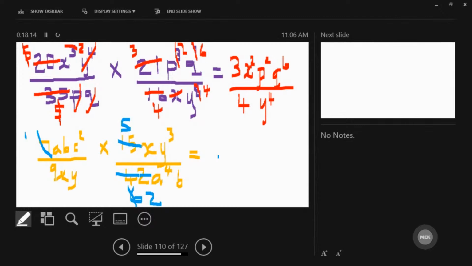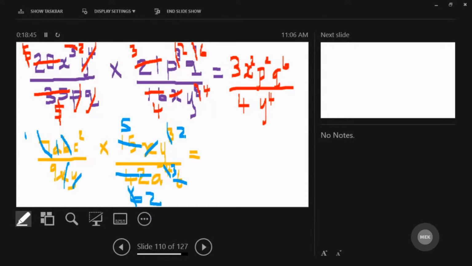In terms of the variables, this a can cancel one a out of the a to the 4th power, so we're left with a to the 3rd power. That b cancels that b. There's no c down here. This x cancels this x. This y cancels one y out of the y cubed and leaves back y squared.